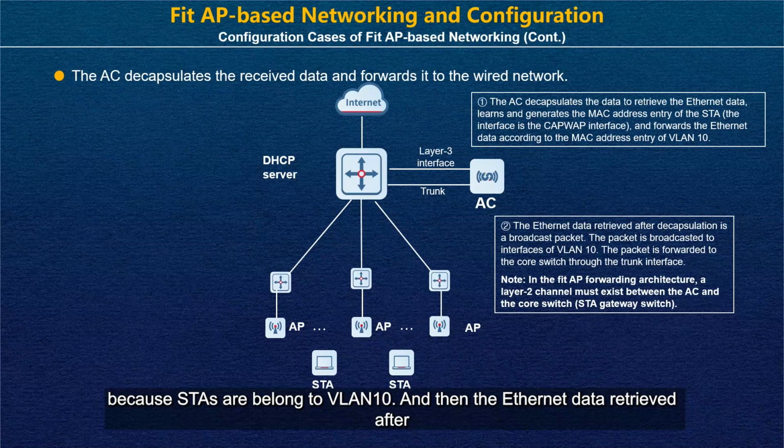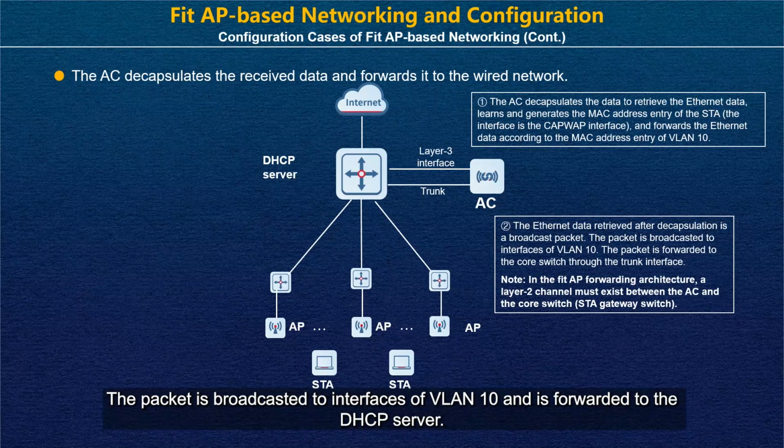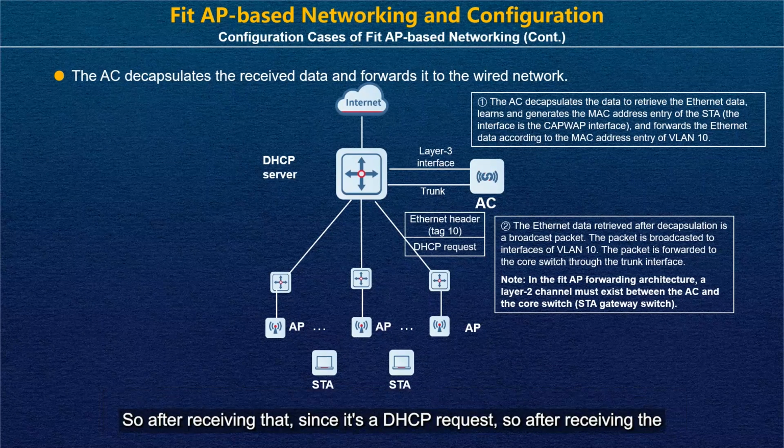And then the Ethernet data retrieved after decapsulation is a broadcast packet. Of course, it's a DHCP request, right? The packet is broadcast to the interface of WLAN 10 and is forwarded to the DHCP server.